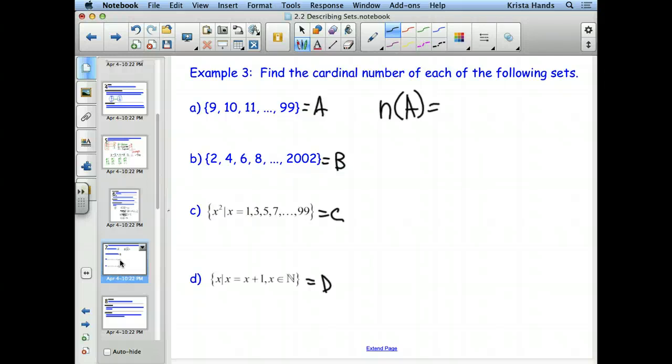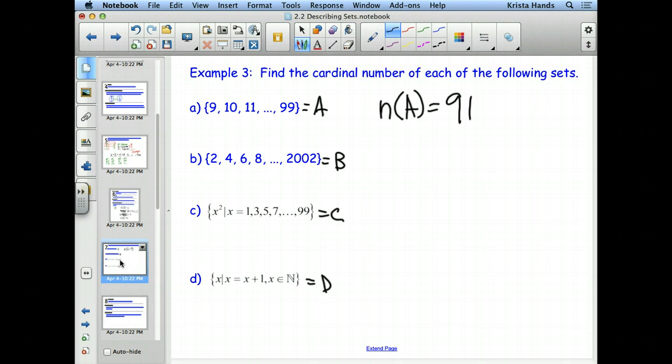So the way I always think about it, Hannah, is that I take the numbers and I pretend like I actually started at 1. If I went from 1 to 99, how many numbers do I have? 99 of them. But I actually am missing the first portion of them. I'm missing the first 8. So I'm subtracting actually 8 because those 8 are not there. So this is actually the number 91 on this one. Okay? I'm missing the first 8.